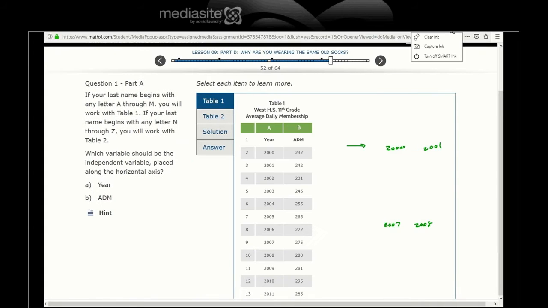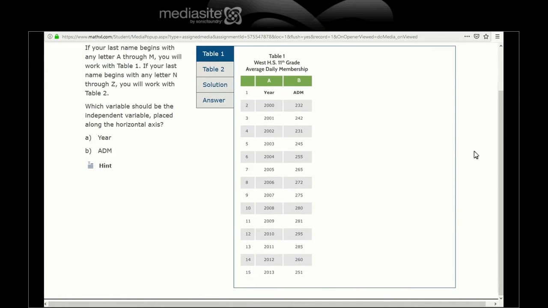So what do they want us to do with this? If your last name begins with any letter A through M, you will work with table 1. We're going to do both. So what variable should be the independent variable placed along the x-axis?